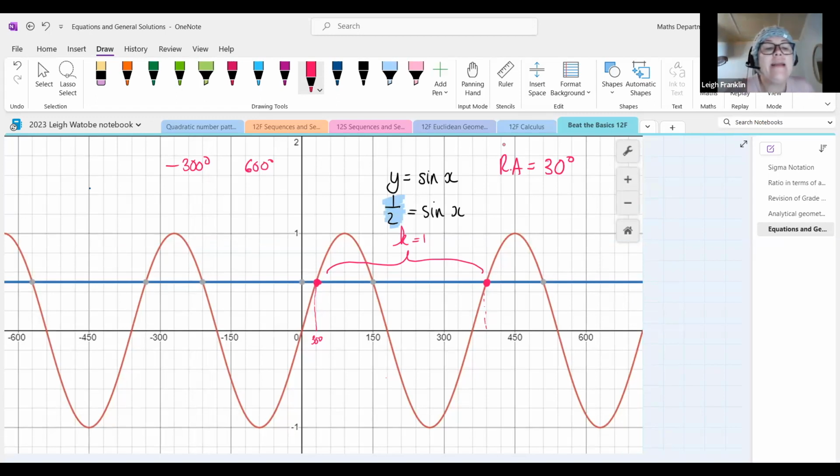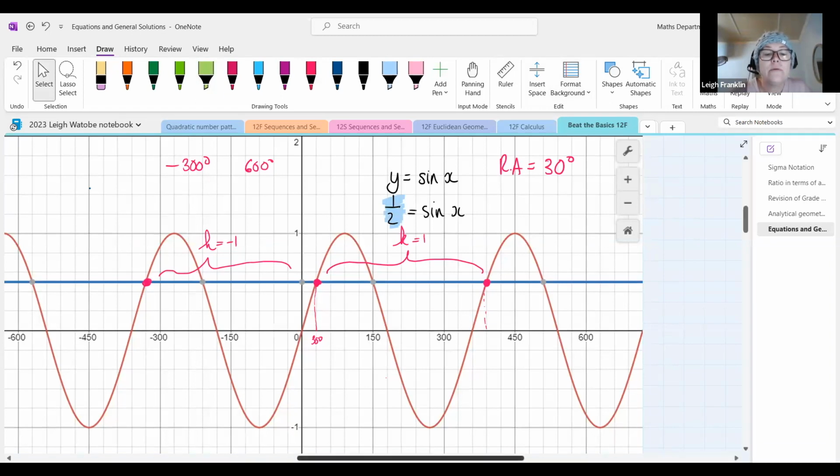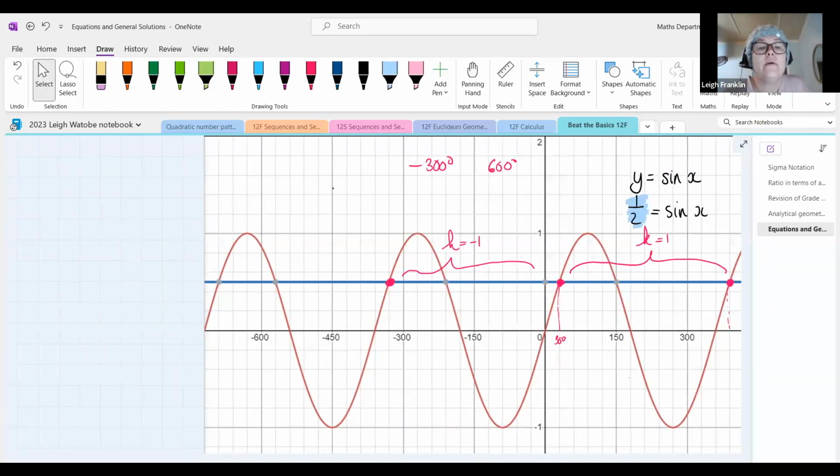If I now wanted to cycle backwards, the next one, if k was equal to -1, I'd end up over here. And if I wanted to go even further back, I would then end up over there, where k was equal to -2.